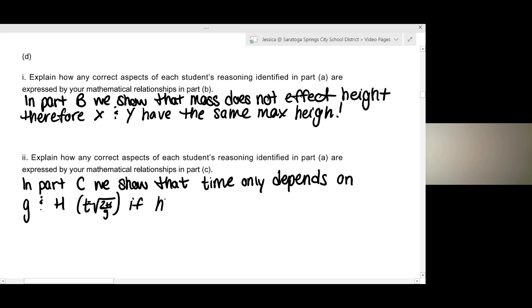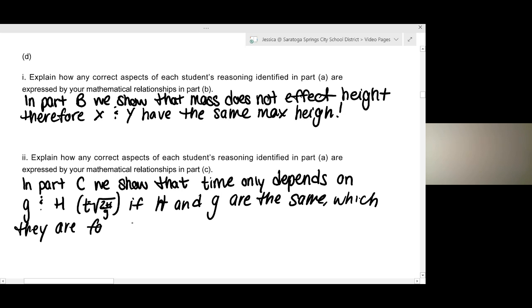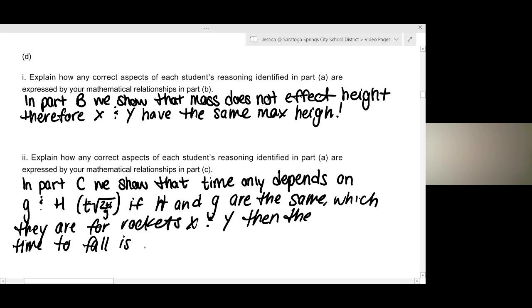If h and g are the same, which they are for rockets X and Y, then the time to fall is the same. So we're showing that in part C, time only depends on the height. So if the heights are the same, then the times are going to be the same.